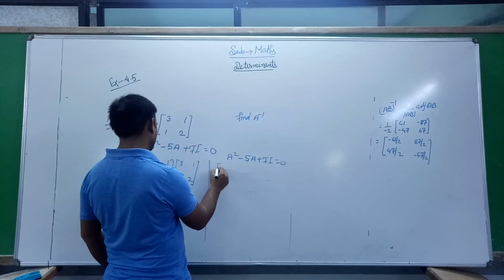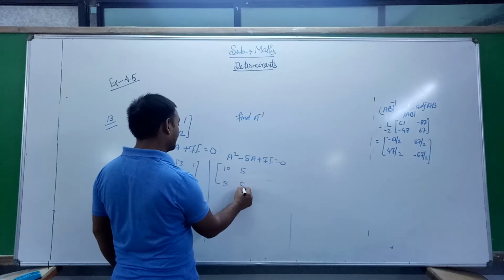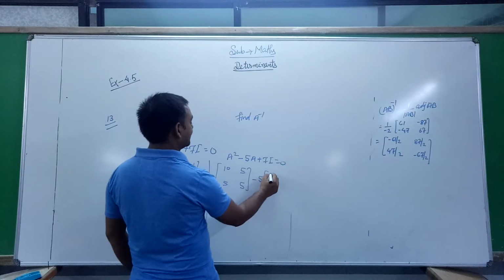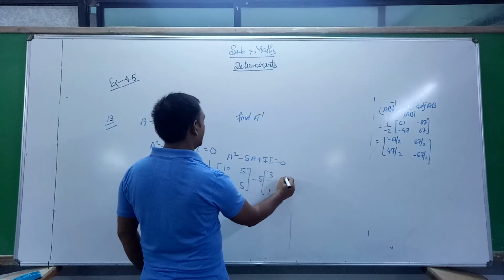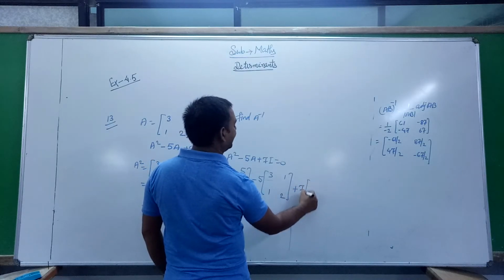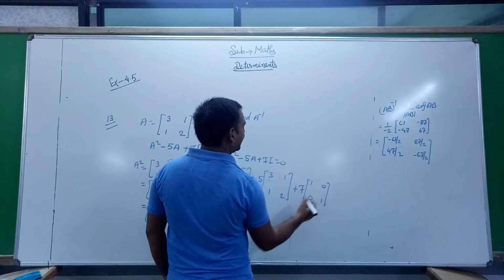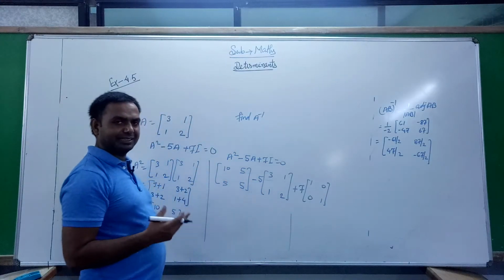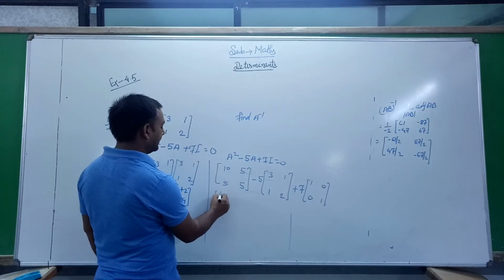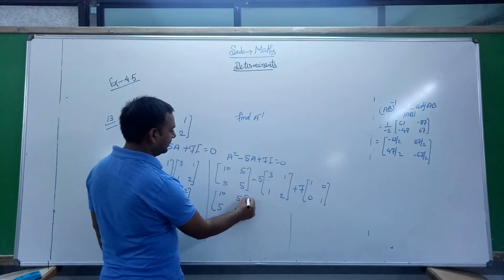So here A square is equal to 10, 5, 5 and 5. This is the value of A square. Minus 5 times A, that means 3, 1, 1 and 2. Then plus 7I, this is 7 times the identity matrix 1, 0, 0, 1. There are elements only on the diagonal. This is called the identity matrix. Okay. So 10, 5, 5 and 5.